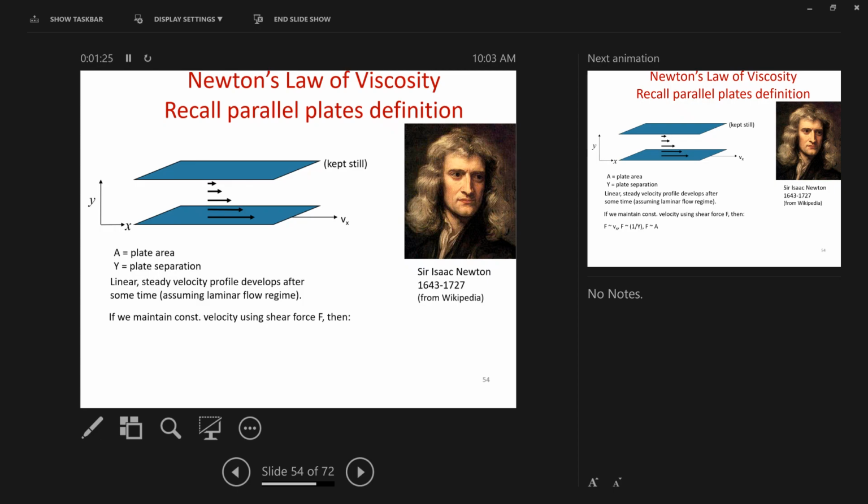And I can basically see that even if I immerse myself inside the fluid, and I put an imaginary plate inside the fluid, parallel to both the others, then below that plate, I'm going to have layers of fluid with larger velocity. And above that plate, I'm going to have layers of fluid with lower velocity. So I can imagine that basically that plane feels the shearing stresses from the fluid itself. And that's what I refer to as a shear stress in the fluid.